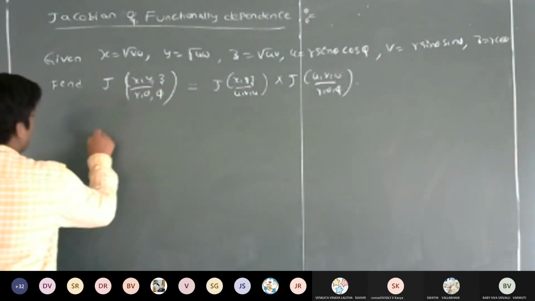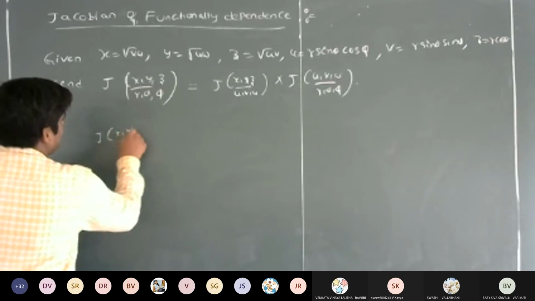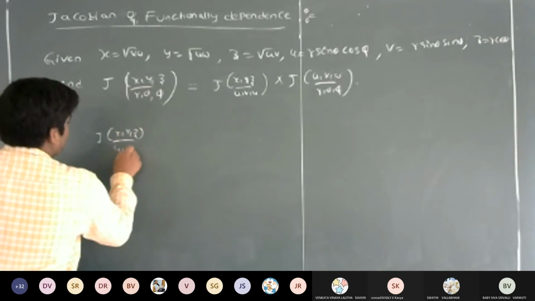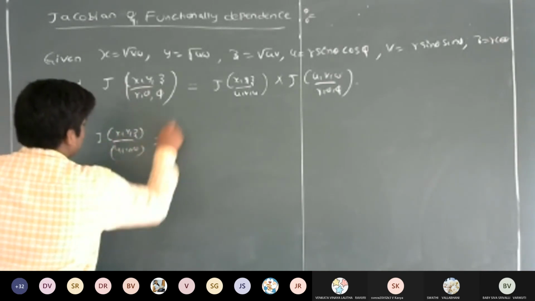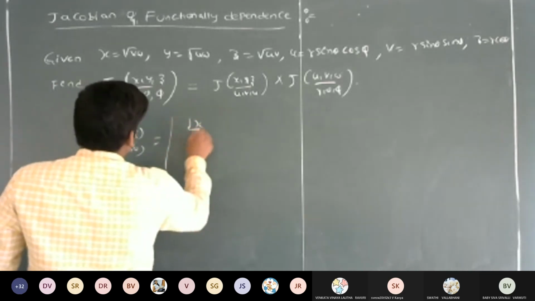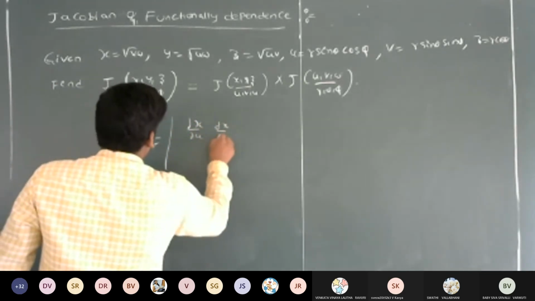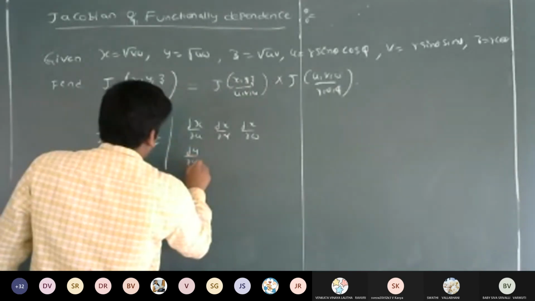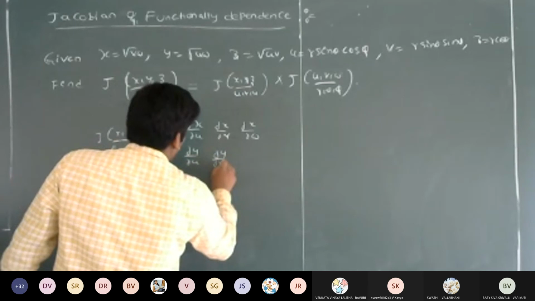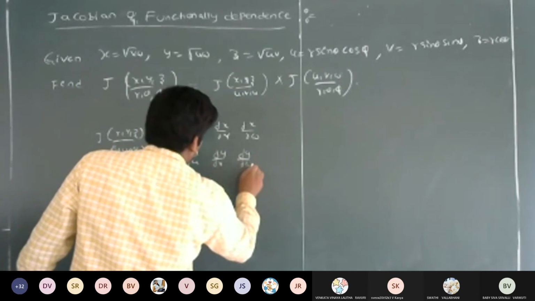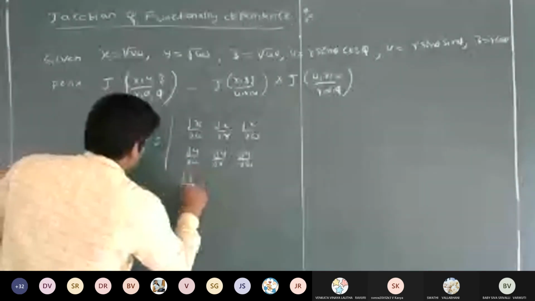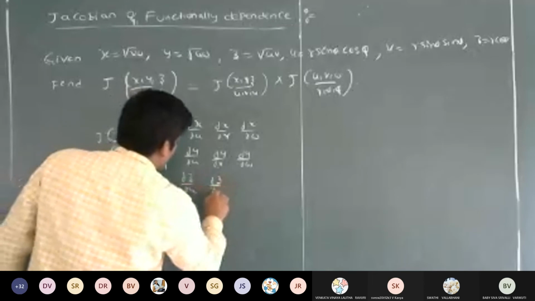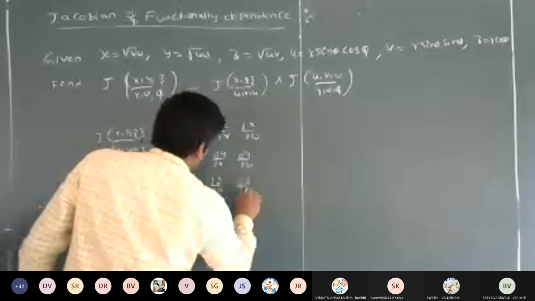Therefore, the Jacobian of x, y, z by u, v, w is the determinant with rows: dou x by dou u, dou x by dou v, dou x by dou w; dou y by dou u, dou y by dou v, dou y by dou w; dou z by dou u, dou z by dou v, dou z by dou w.